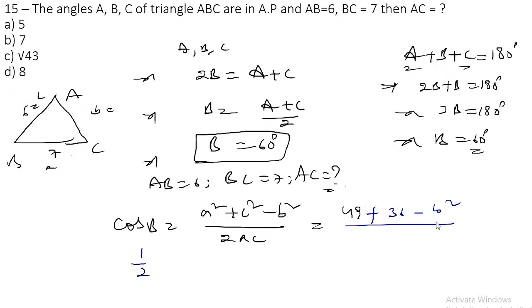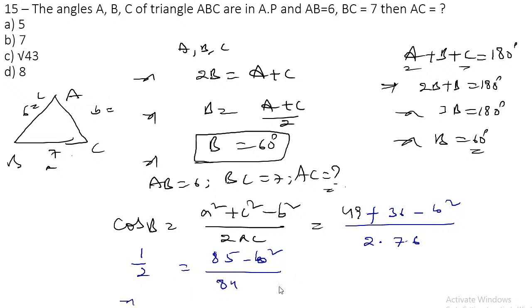So 1 by 2 is equal to 49 plus 36 minus b square by 2 into 7 into 6, which is 84.